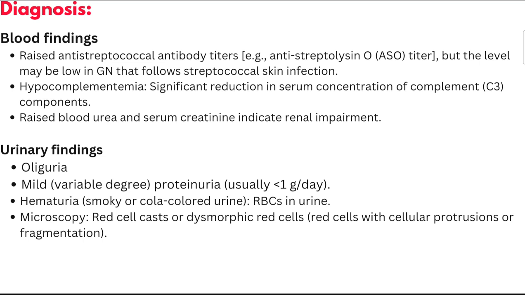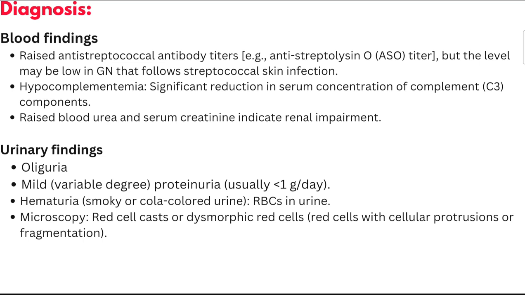Additionally, hypocomplementemia is a significant marker, showing a notable reduction in serum complement C3 component, which is a key diagnostic feature. Finally, elevated blood urea and serum creatinine levels signal renal impairment, underscoring the kidney's reduced ability to function effectively.